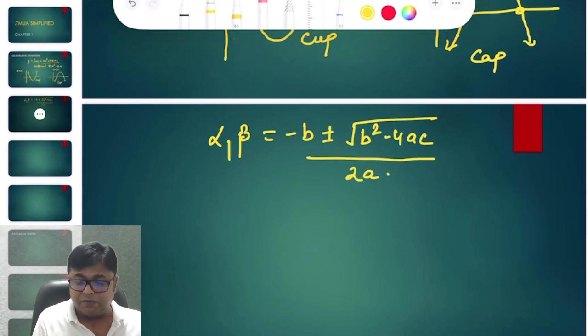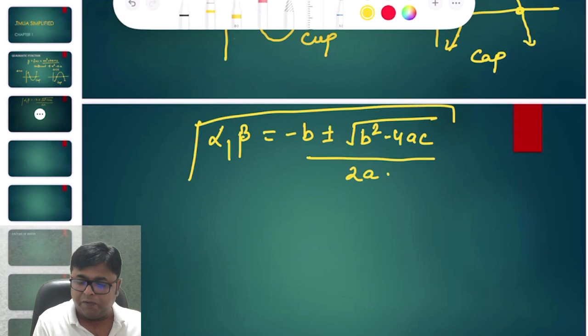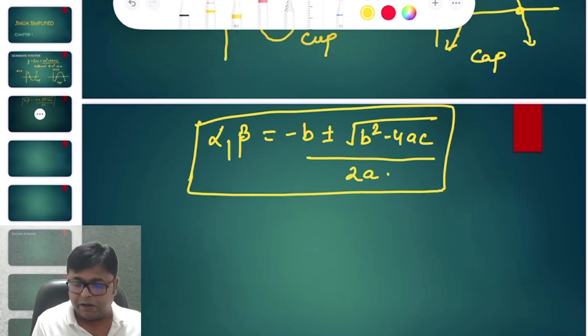So one of the roots is with a plus sign in between, and one of the roots is with a minus sign in between. So this is one result which you should always remember. Although you can split the middle term and factorize, that also can be done, but this formula will be quite often used in the TMUA exam, right?